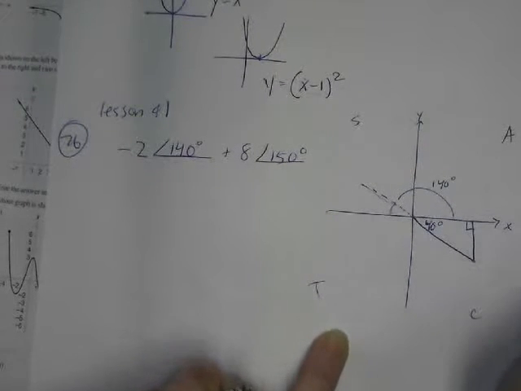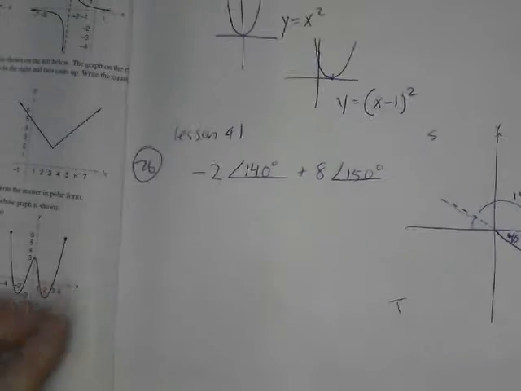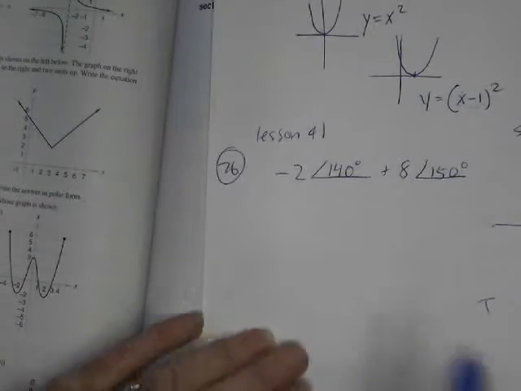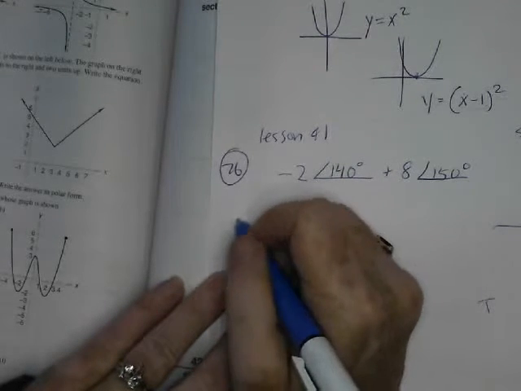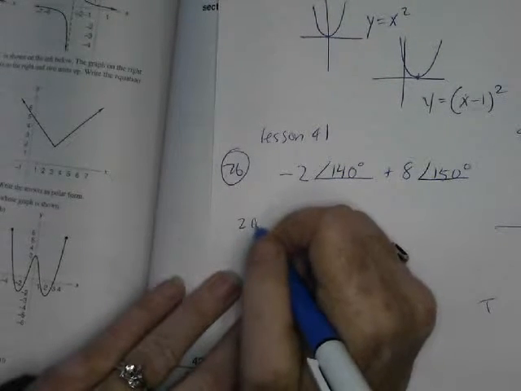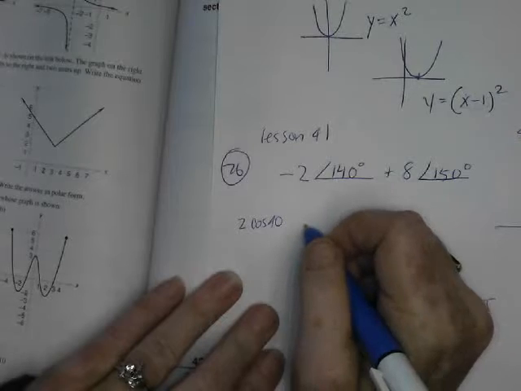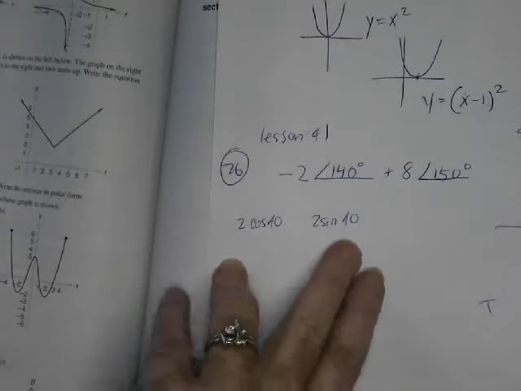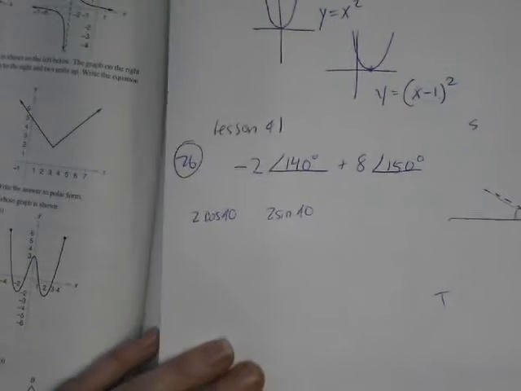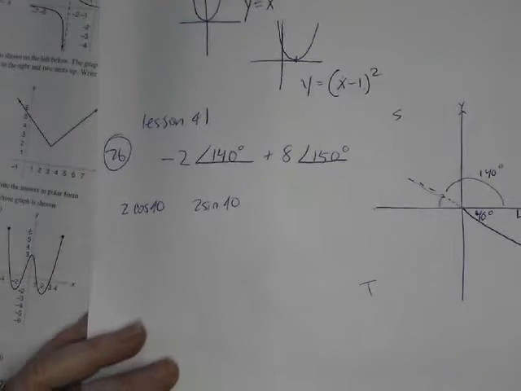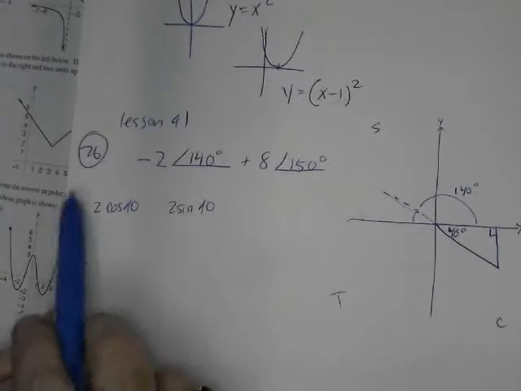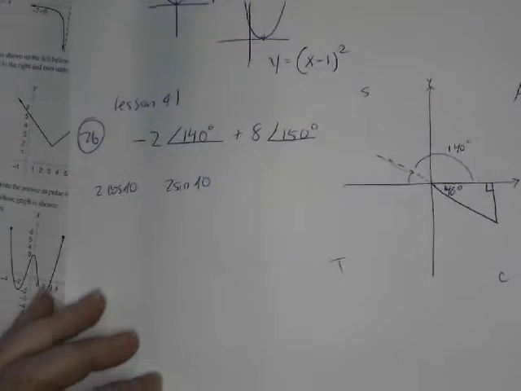We got it. And now, remember you can just go 2 cosine 40 and then 2 sine 40. That's going to give me my x and my y, like my x-coordinate and my y-coordinate. And I'll just look at what quadrant I'm in to see if stuff's positive or negative.